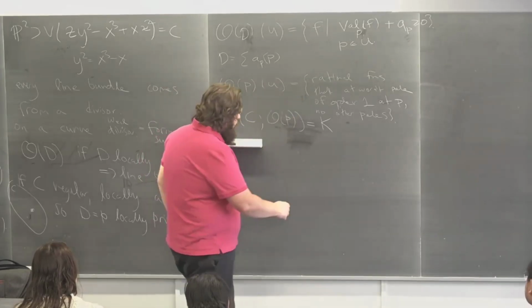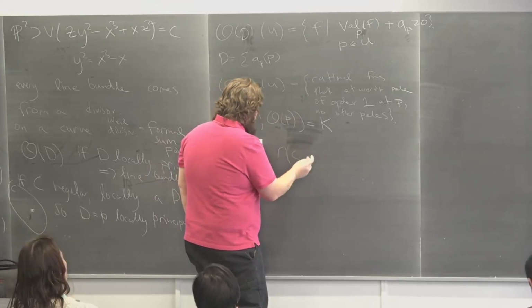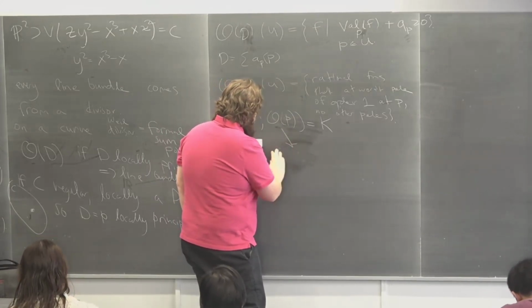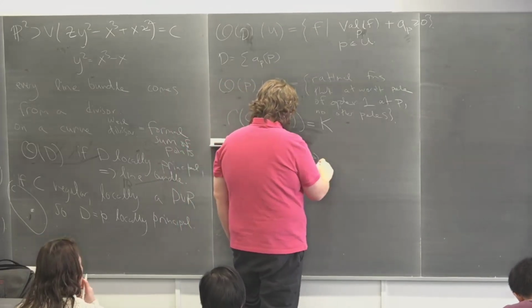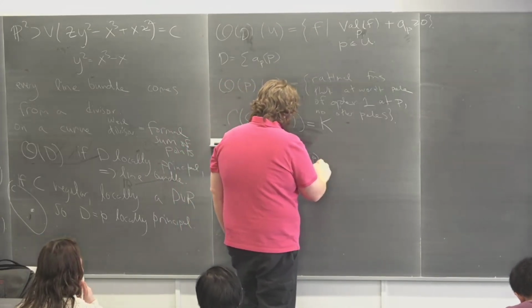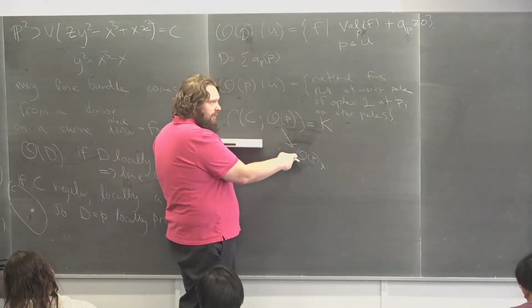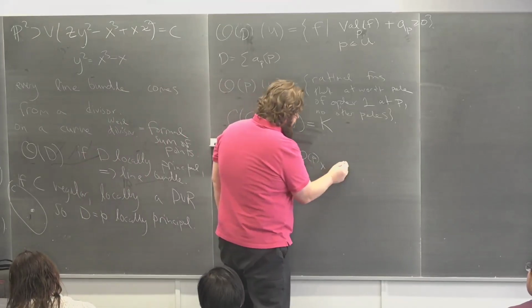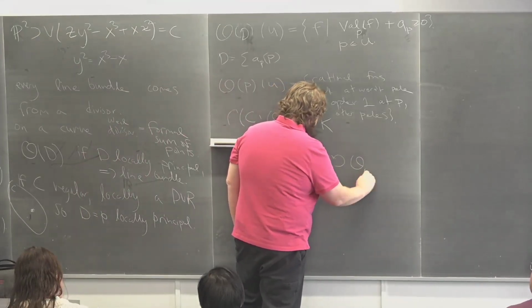Globally generated means if I look at the map from global sections to the stalk of O of P at some point X, that the image of this generates this as a module over the local ring O of C.